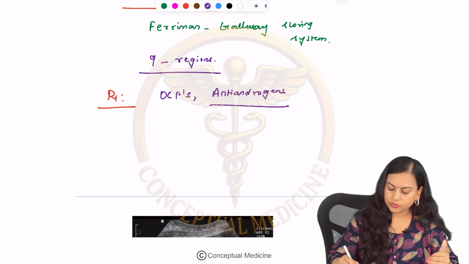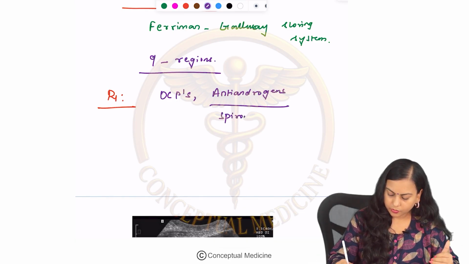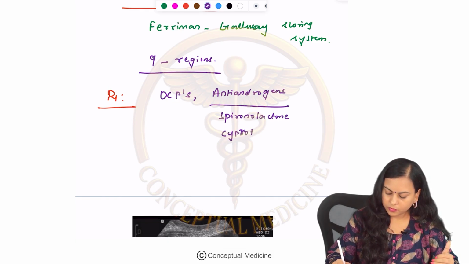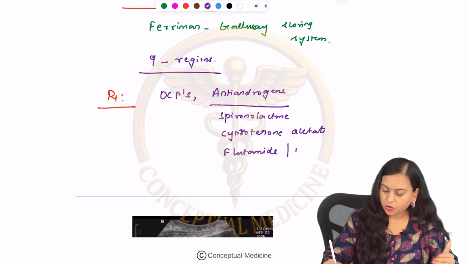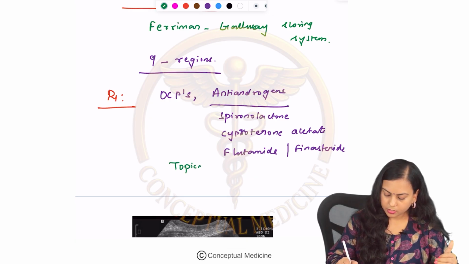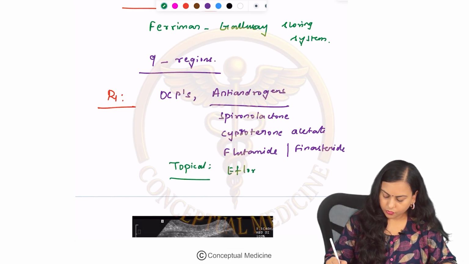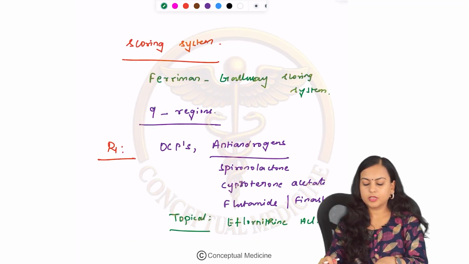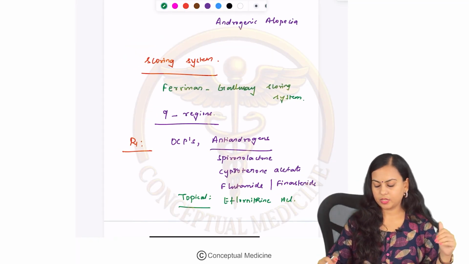So, there are so many anti-androgens, like you can offer them spironolactone, cyproterone acetate, flutamide or finasteride, and you can offer them a topical drug also, that is eflornithine hydrochloride. Clear? So, this is all about hirsutism, right.